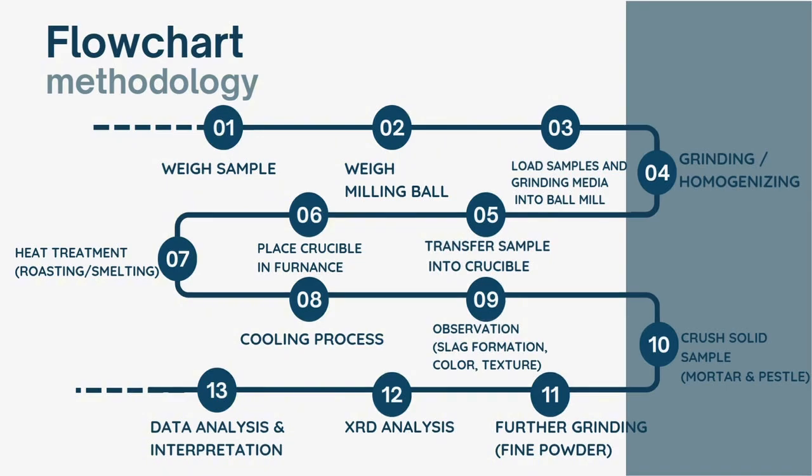Next, the sample is cooled and observed in terms of slag formation, color, and texture. Finally, the sample is crushed, ground into fine powder, analyzed using XRD, and the data is interpreted.